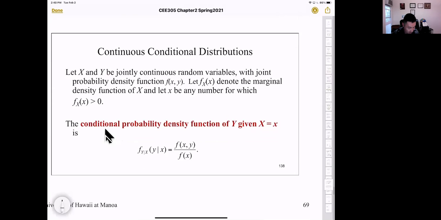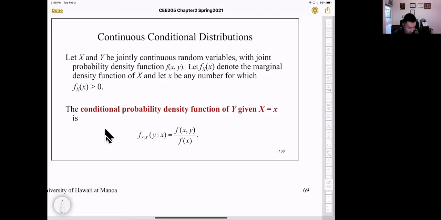For continuous distributions, it's similar, but we do the integration. So X, Y are joint continuous random variables, and the joint PDF is this.